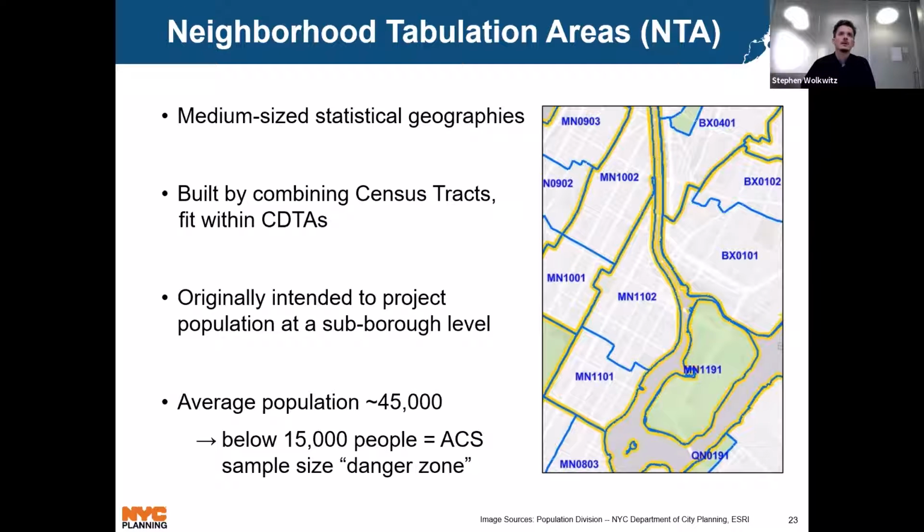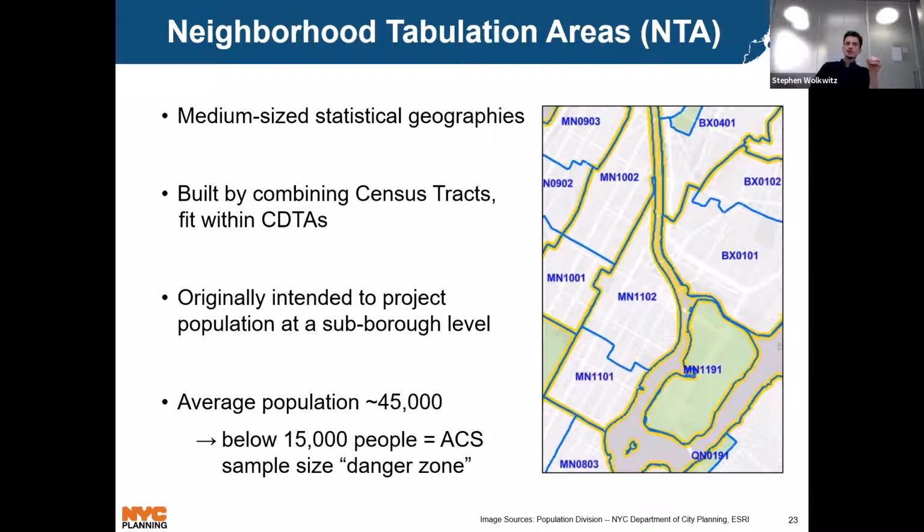Now that we have the 2020 census data out, I can say that the 2020 NTAs have an average population of 45,000 because of some of the growth we've had in our population over the past decade. It used to be closer to 40,000, so now it's up to 45,000. And one thing to keep in mind as we're creating NTAs, we're always thinking about this 15,000 minimum threshold that we didn't want to go below with any particular NTA.